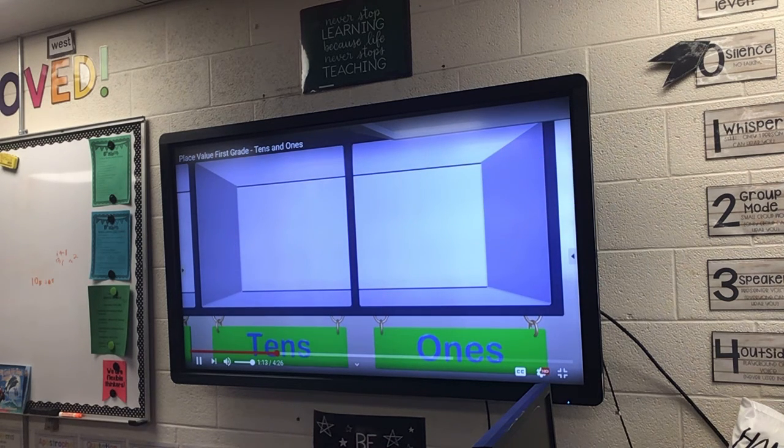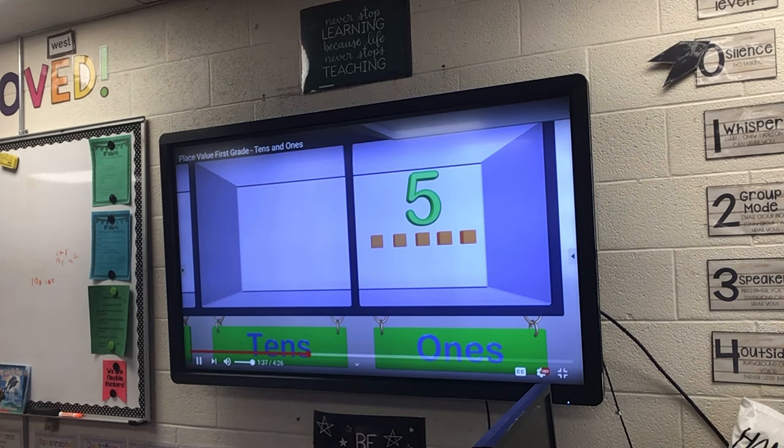Now that we have that rule out of the way, let's look at some place value blocks. Here is a ones block. This ones block is worth 1 and is represented by the number 1. What if I add more ones blocks to the ones place? How many ones blocks do I have now? I have 5 ones blocks.